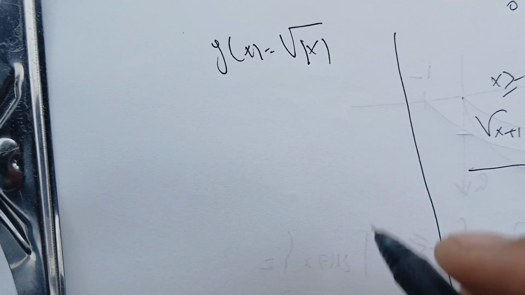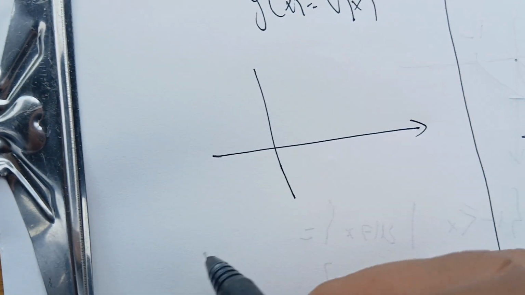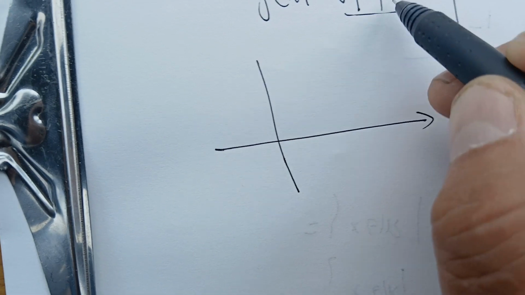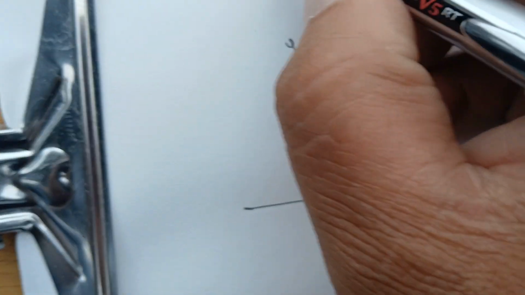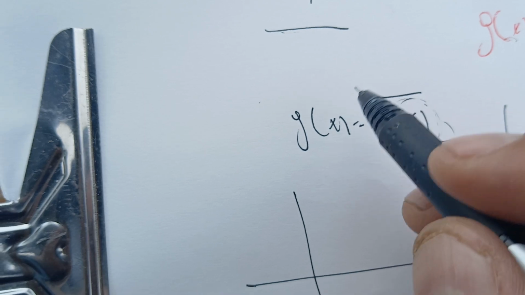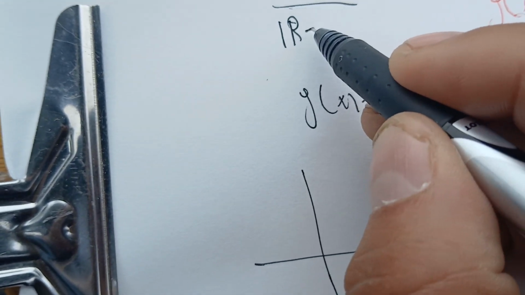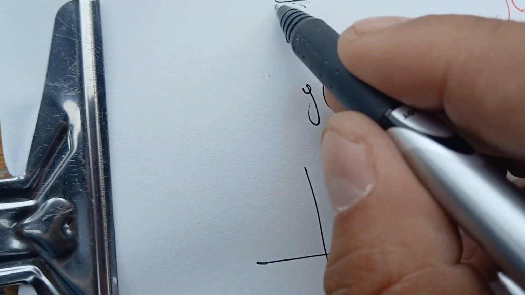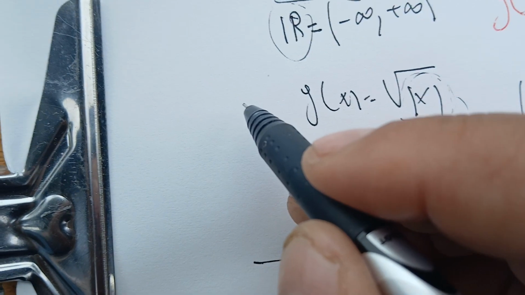What's the domain in this case? The absolute value is always positive, so we don't have a problem. The domain is the set of all the reals. We call it R, or we write it minus infinity to plus infinity.